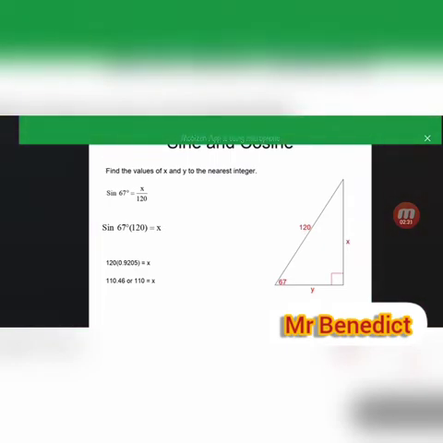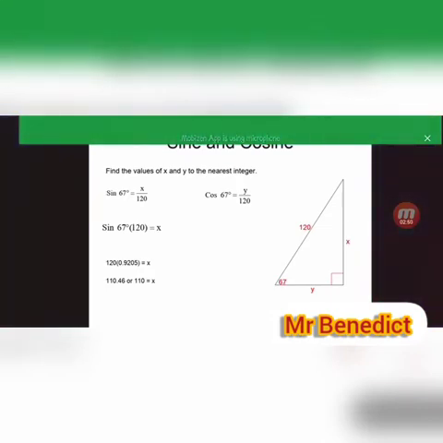That's our answer. So let's try cos 67, because we're using sine and cosine to find the same thing. Cos 67 is y over 120, because cos is adjacent over hypotenuse.